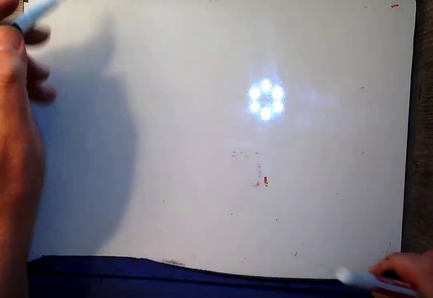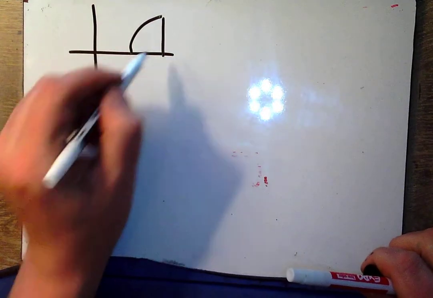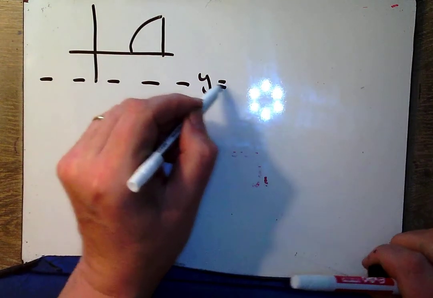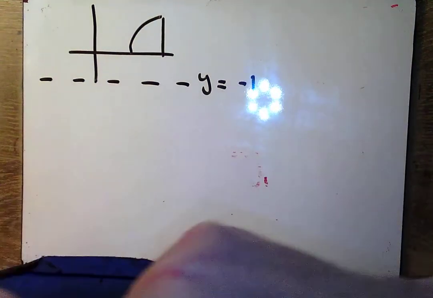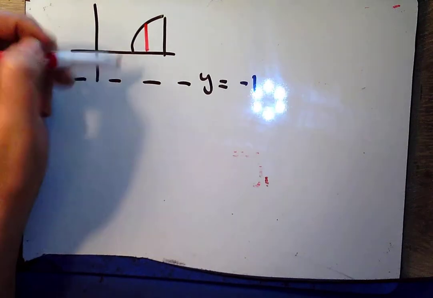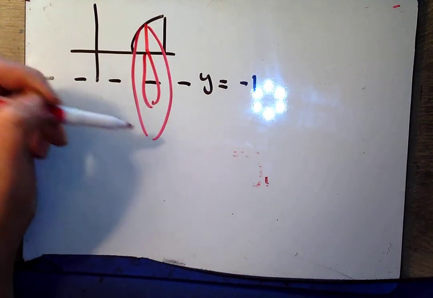Now, about number 6. So number 6 wants us to go around y equals negative 1. And if I think about disks and washers and draw something perpendicular to the axis of rotation, and I get that.